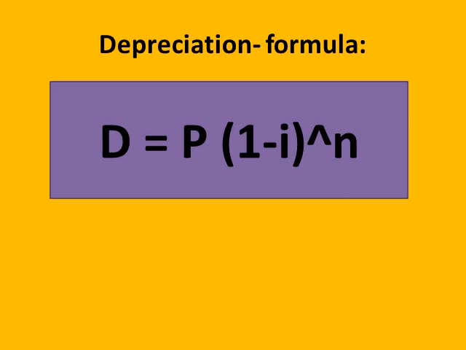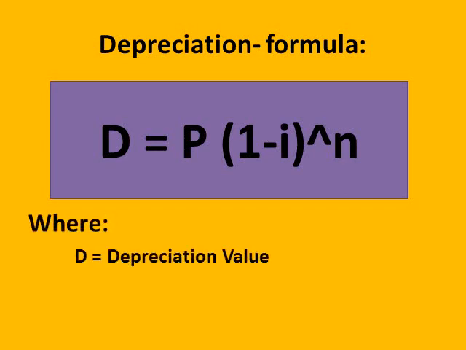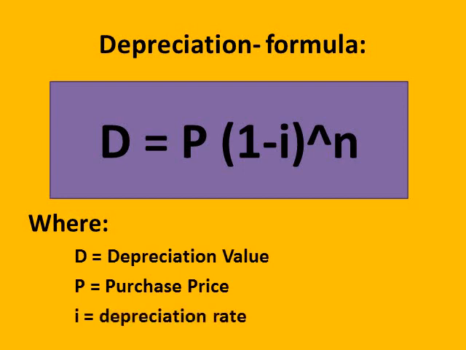So D is the depreciation value, P is the purchase price of the machine, I is the depreciation rate, and N is years. This is the formula to calculate the depreciation value.